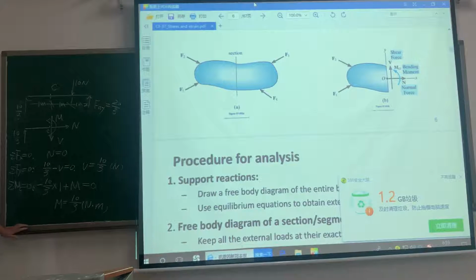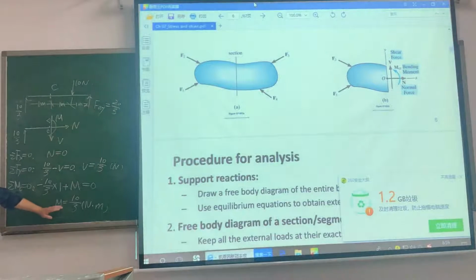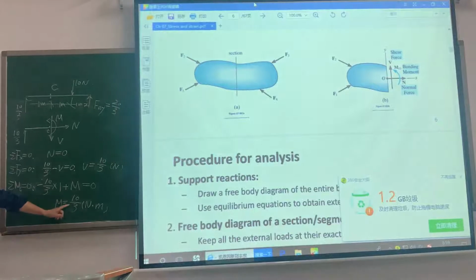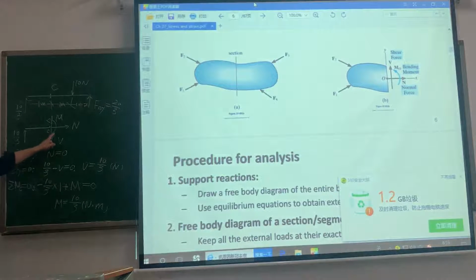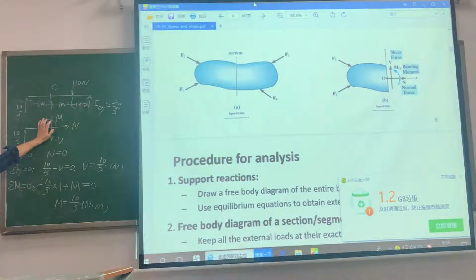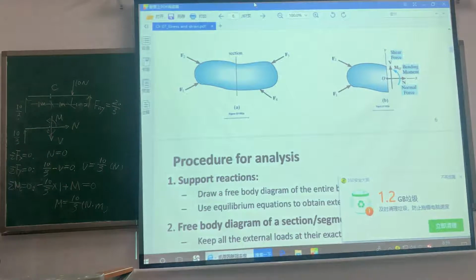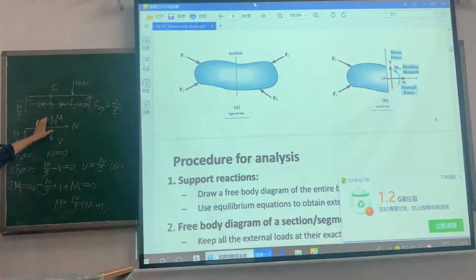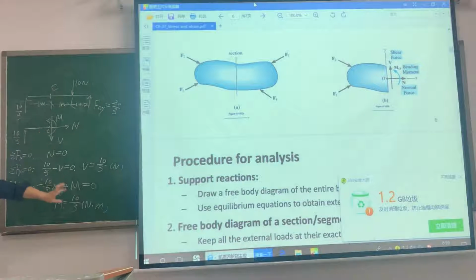Understand? Okay, we find the result is positive. Yes or no? It means the bend we assumed in this direction is the actual direction, because the result is positive.